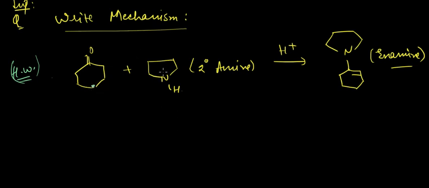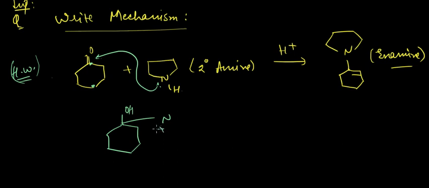So let's get started. So again what will happen is, this lone pair will actually attack on this carbon atom, and as a result we'll be getting this as an intermediate. Okay, OH here, N plus H, and this ring here, 5-membered ring here.